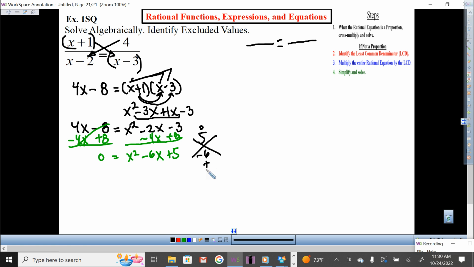What factors of 5 add up to negative 6? Jaden. Negative 5 and negative 1. That is correct. So my factors are x minus 5, x minus 1, and all that equal to 0.